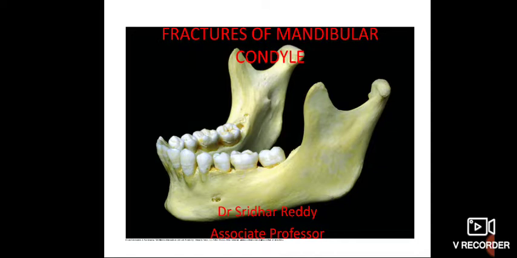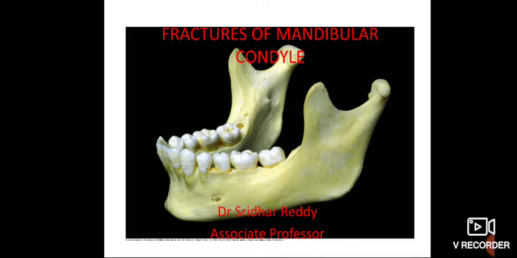In this chapter, the learning outcomes will be: what is the etiology and mechanism of injury of condylar fractures, what are the indications for various treatment methodologies, and how best we can treat the mandibular fractures surgically. So this is the scenario, the learning outcomes.